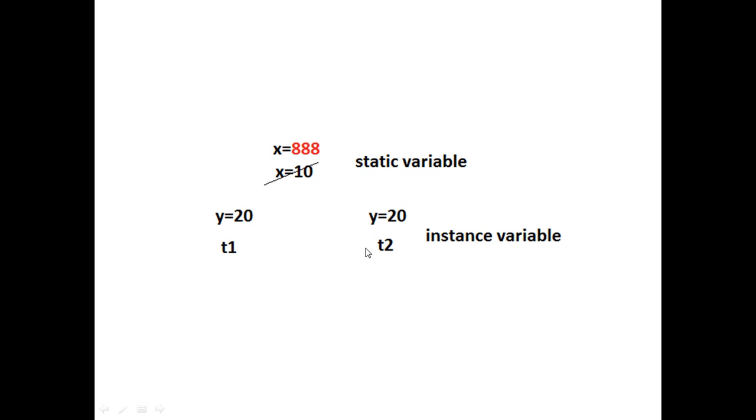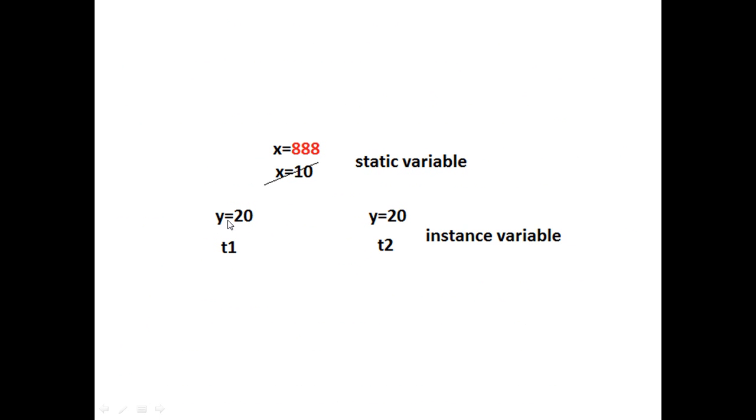Now I created t2 and the value of y is 20. So the value of y is not changed. Of course, if I had changed the value of y equals 20 over here, it would have been 20 because it's an instance variable, and for x the value is not going to be 10, it's going to be 888 because this is a static variable. So this is static because I'm going to declare this as static, and this is instance because I'm not going to use the static modifier in front of this y.